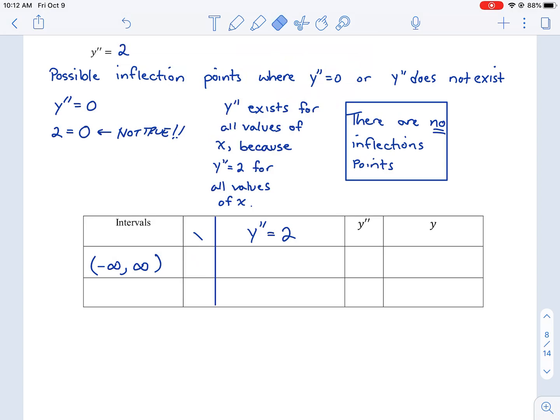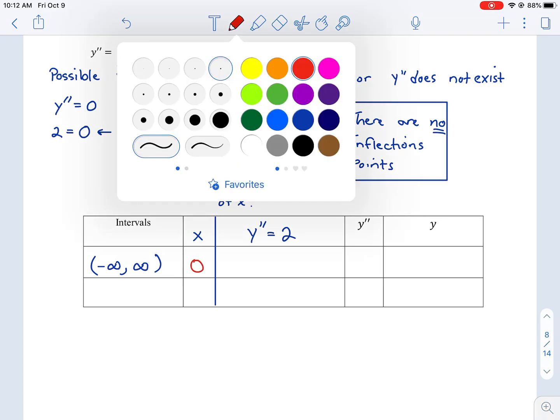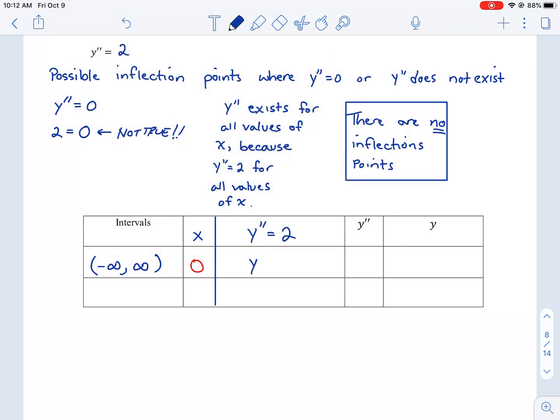I could place, let's go, a -1. It doesn't matter. No matter what value I choose for x, the second derivative is going to equal 2, which is greater than 0, which means the second derivative is positive, which means the function, or the graph of the function, is concave up.